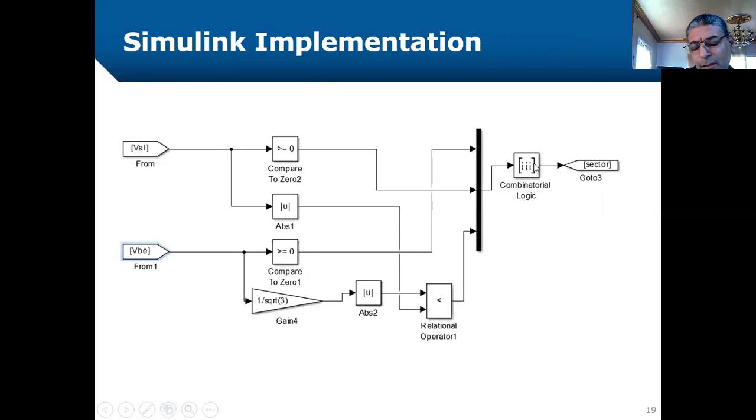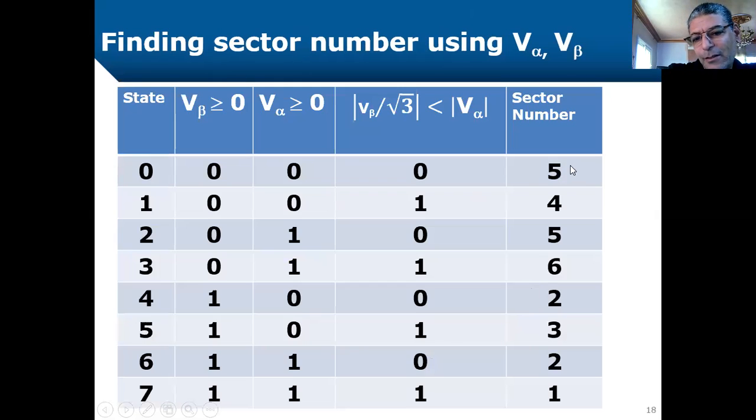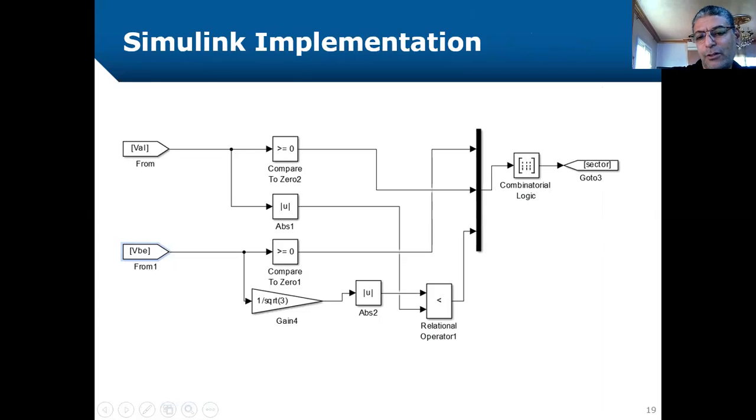And exactly this combinatorial logic looks at the conditions, which are arranged as binary combinations of 3 bits. For each binary count, it gives a predefined number. This predefined number is stated in this column. This is what we give the block. The block is given this sequence 5, 4, 5, 6, 2, 3, 2, 1, and the block itself checks the logic conditions. And based on the logic conditions, it gives the sector number.